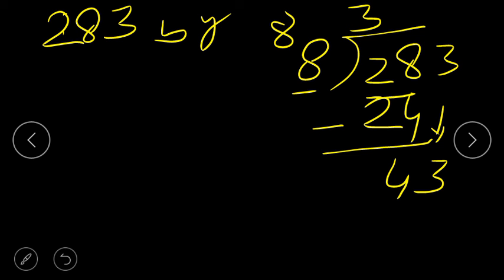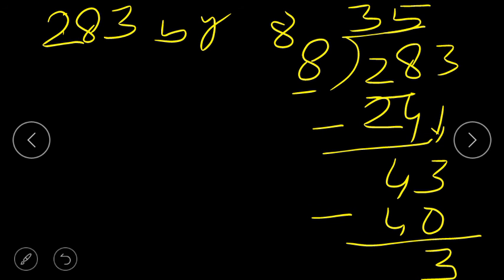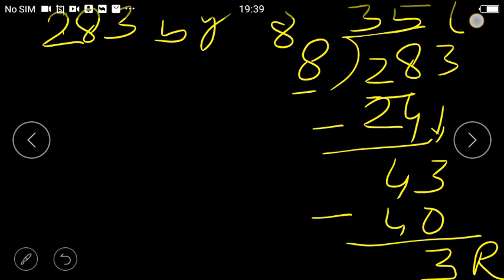So we'll go 5 times. 8 fives are 40. Now 3 minus 0, 3. If you minus any 0 with the number, we get the number itself. Okay, 0 means nothing. So take out your 3 fingers and try to minus 0. Are you able to? No, no. So 3 will remain with you. So this 3 is your remainder and 35 is your quotient.